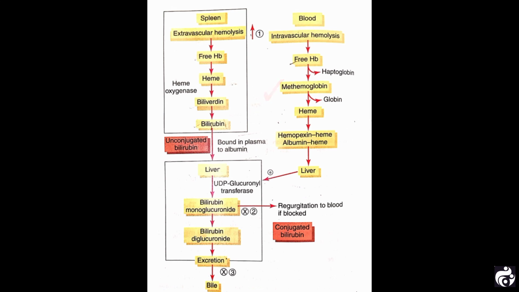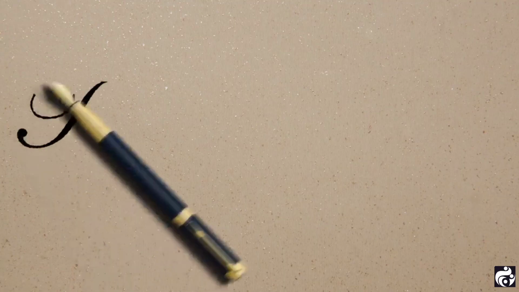Otherwise, methemoglobin is formed, which breaks down to free heme, which is in turn bound by another plasma protein called hemopexin, or by albumin to yield methemalbumin. In both these instances, it is transported to the liver, where a similar chain of events occurs, leading to the formation of bilirubin. So this was all about jaundice, its types, and different biochemical tests for investigation of jaundice.